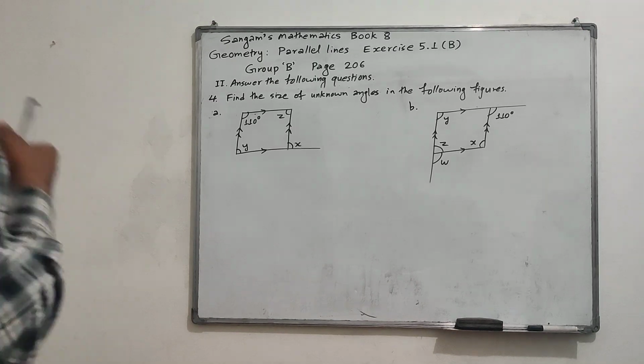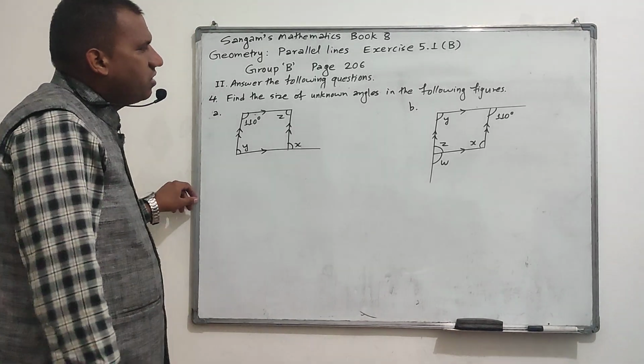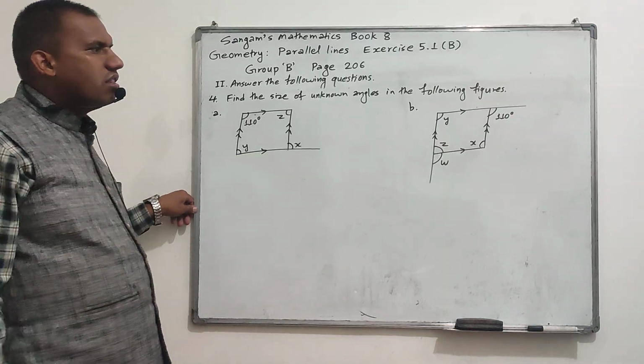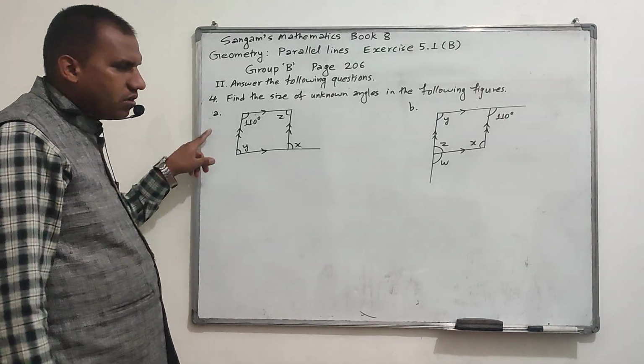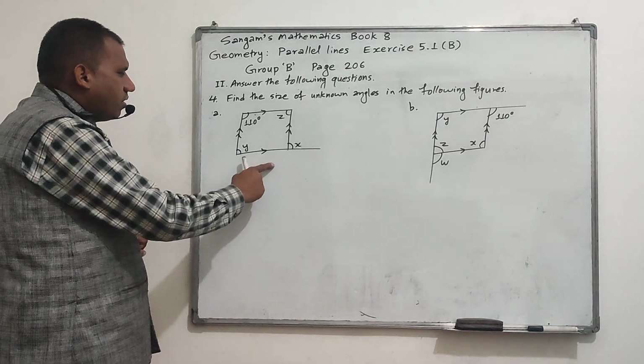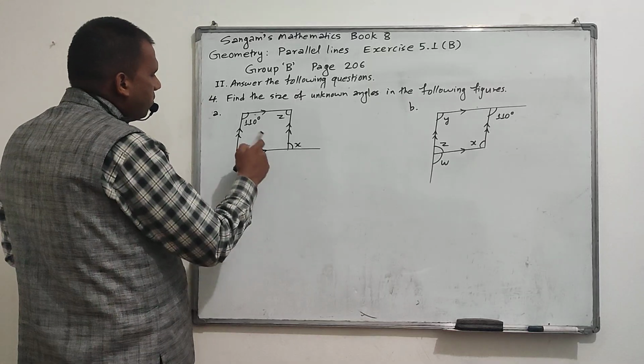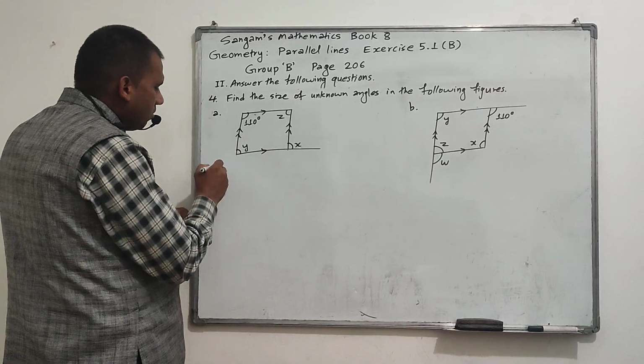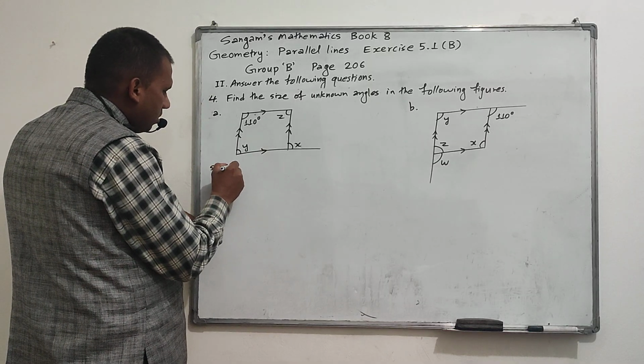Okay students, now question 4. Find the unknown angles in the following figures. This is the figure. We have to find the values of x, y and z over here. Now, this solution here.